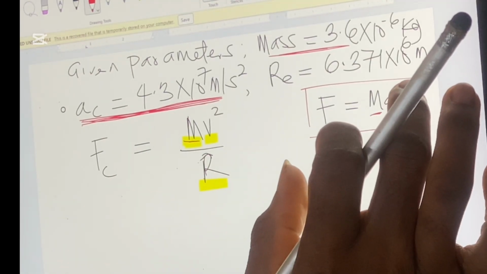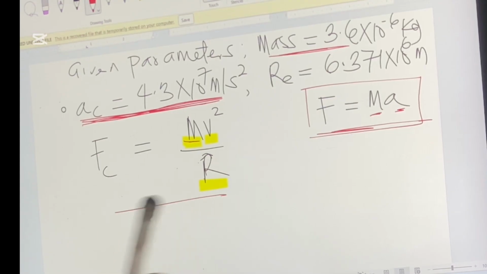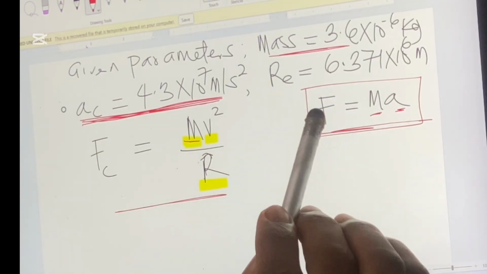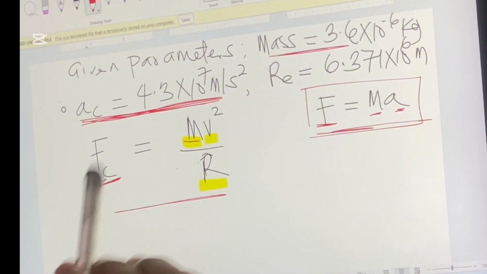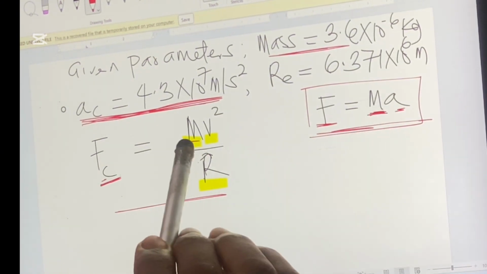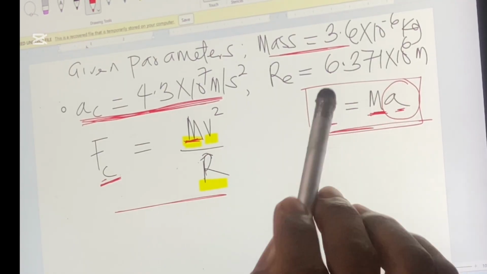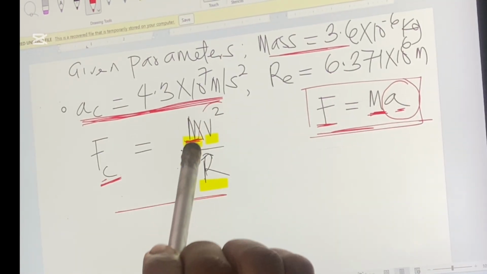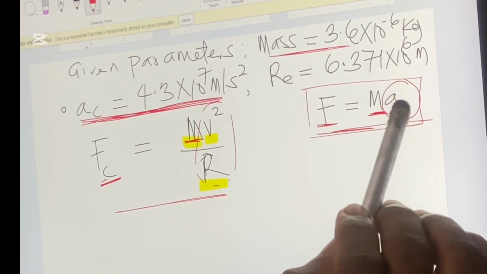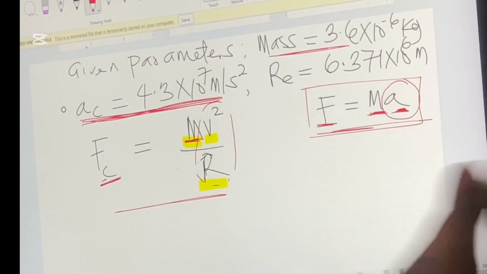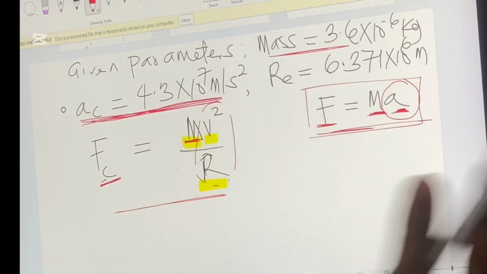Let's compare this formula here to this one here. It means that if this position here is force, this position here is mass. It means that this particular position here is going to take acceleration. But this one here is for linear acceleration, since this force is linear force, while this v square over r will be centripetal acceleration.